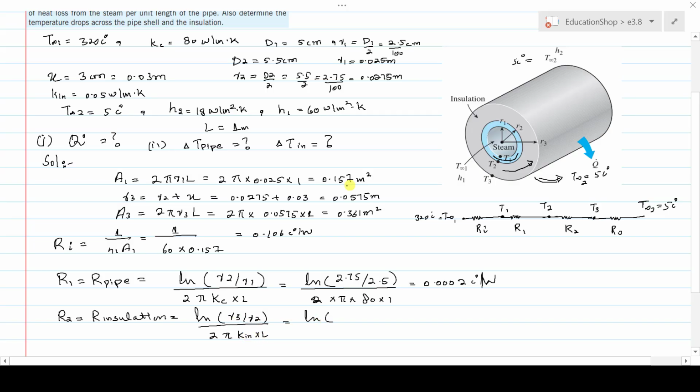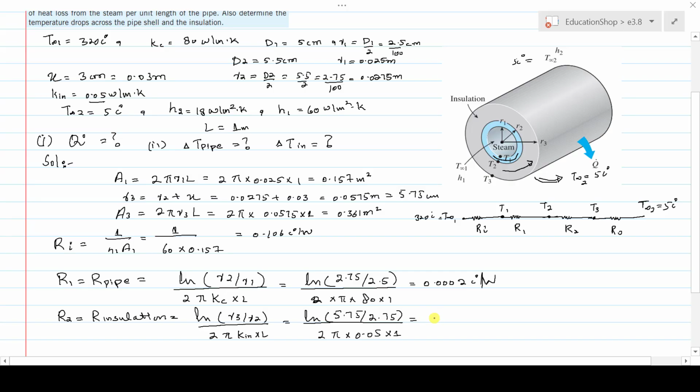What is R3? R3 is 0.0575 meter, or in other words, 5.75 centimeter. So we can say 5.75 divided by the R2 value, that is 2.75. Thermal conductivity of the insulation is 0.05 watt per meter Kelvin. Solve this on a calculator and you will get the resistance offered by the insulation provided over the pipe.